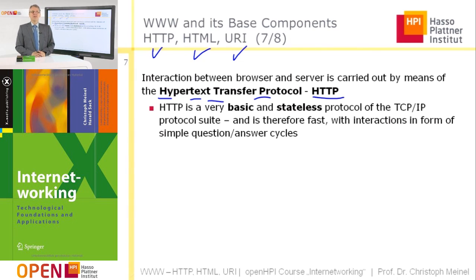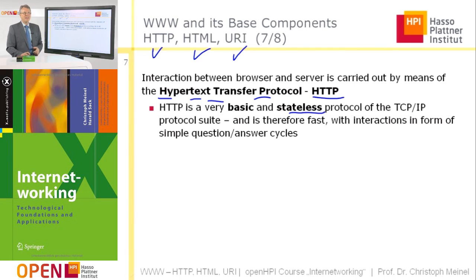This HTTP protocol is a very simple protocol. It is a stateless protocol. It can't remember some interaction which was done before. It belongs to the TCP/IP protocol suite. And the reason to have such a very simple and stateless protocol is to allow a fast interaction.